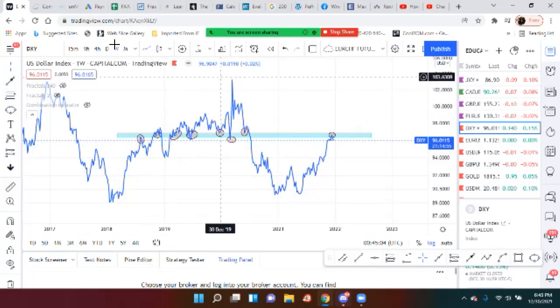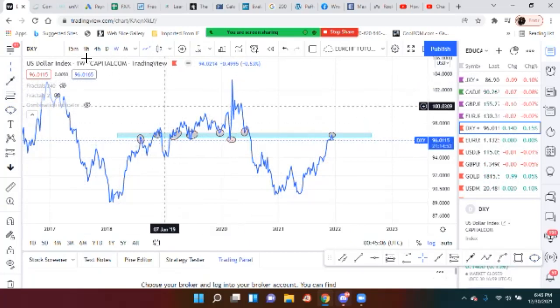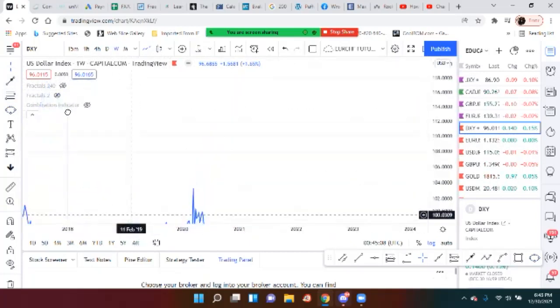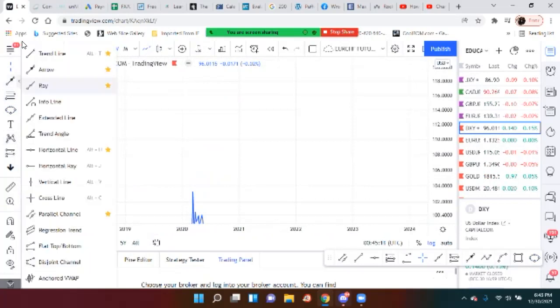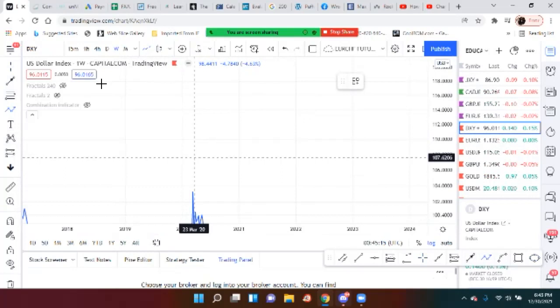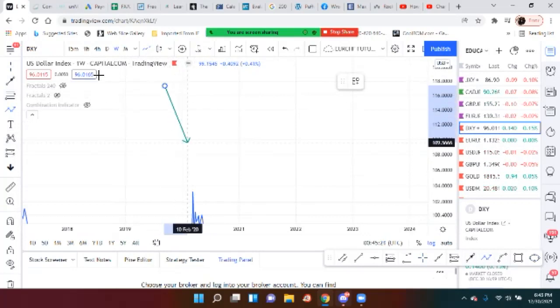By the way, again, we're going back to this because I want you guys to understand this. The market moves in three phases once you understand the trend. Phase number one is the push phase. Phase number two is the exhaustion.